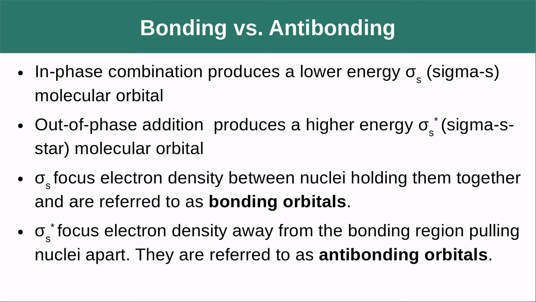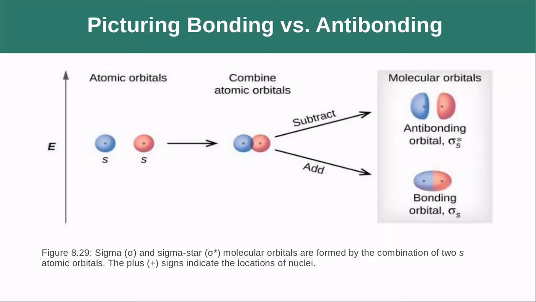Sigma s orbitals focus electron density between nuclei, holding them together. We call these bonding orbitals. Sigma star s orbitals focus electron density away from the bonding region, pulling the nuclei apart. So we call these antibonding orbitals.